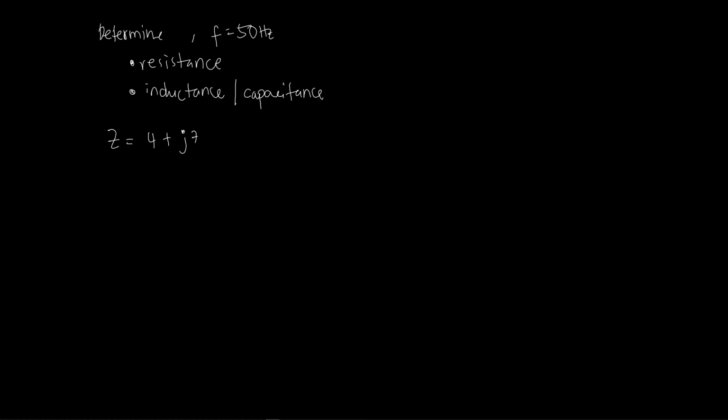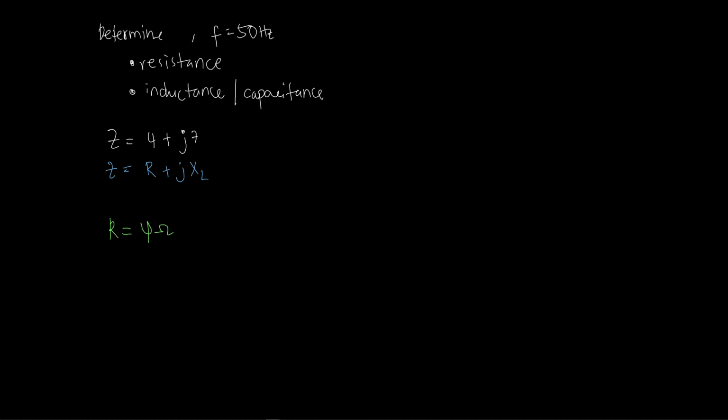Okay. So from that, sa atong conclusion, we have Z is equal to R plus JXL. Unsang resistance? 4 ohms.